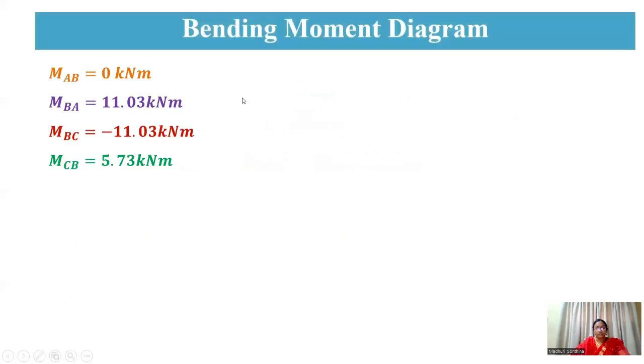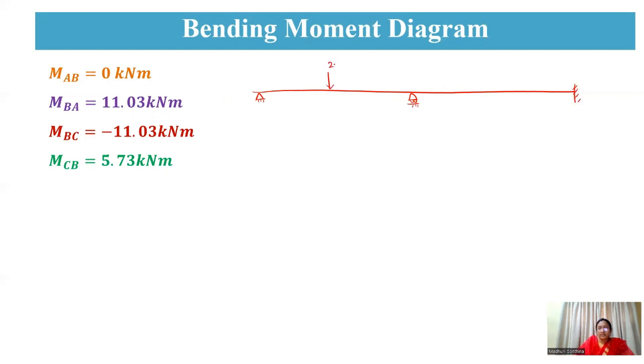And then we are going to draw a bending moment diagram for this. So we will draw the actual diagram. So this is A support, this is B support, and this is C support.